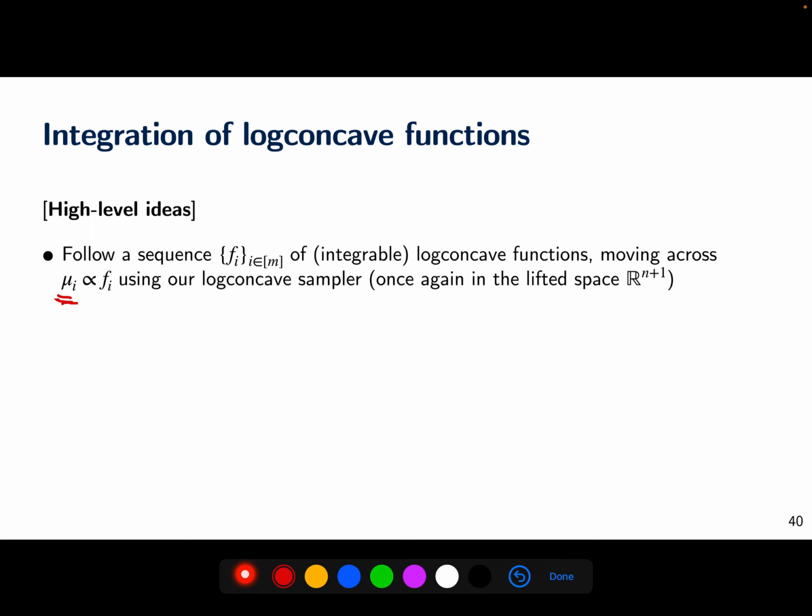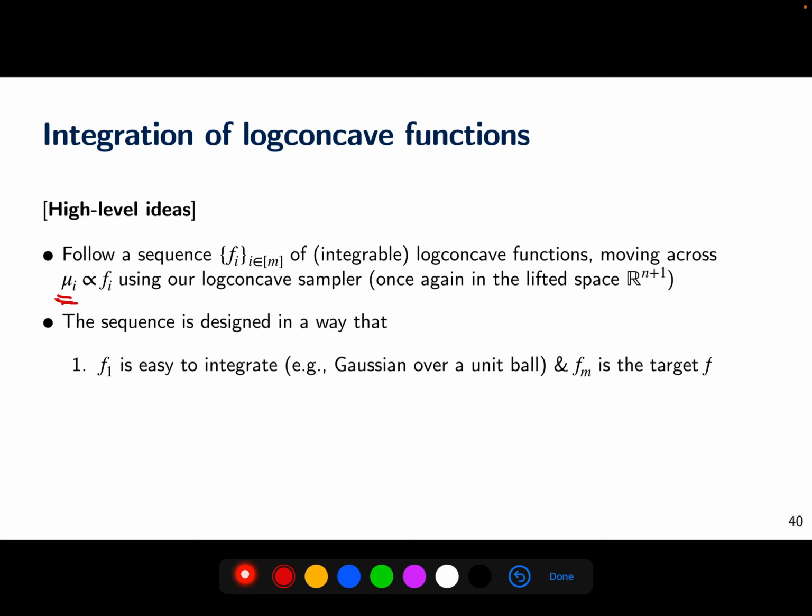The sampling task is once again done after exponential lifting, using the proximal sampler again. This sequence will be designed in a way that f1 is easy to integrate, and mu i is warm when we start from mu i plus 1. Furthermore, chi-square of mu i plus 1 with respect to mu i is bounded by 1 over m.